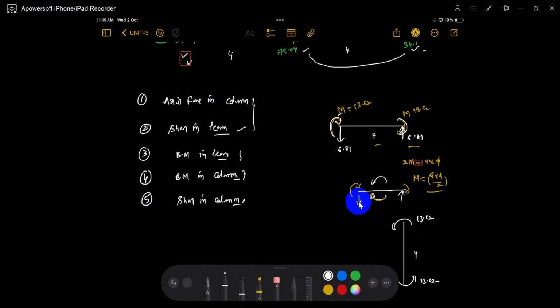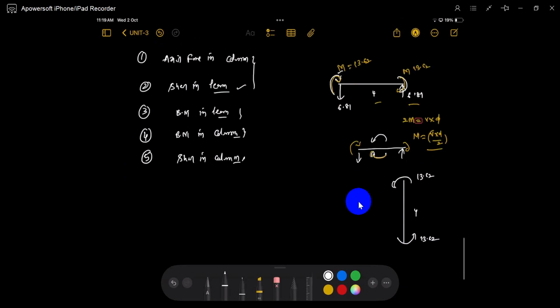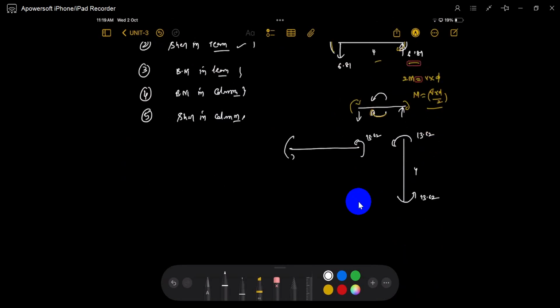Same, you can just imagine it's like 13.62, 13.62. Okay, that's it now. So you can imagine, how can you get it? Same, you can get this V. So V into distance equal to 2M, so V is 2M by t.